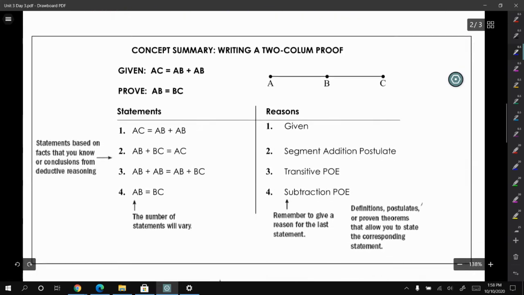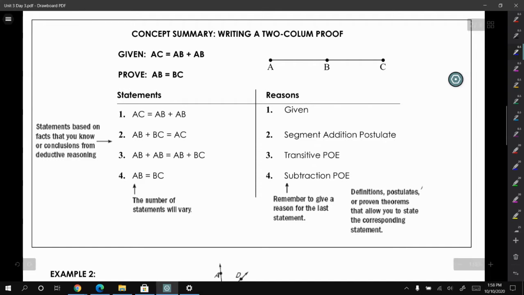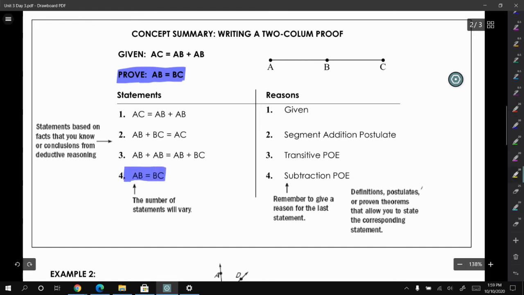So on the next page is the format on how we write two-column proofs. And we kind of started this with our algebraic proofs where we broke it up into columns. On the left side, we did an algebraic step, and on the right side, we talked about what that step was. We gave that reasoning for it. So this is the same way where what we're trying to prove is right here, and that's always our last statement, and our given information is up here.